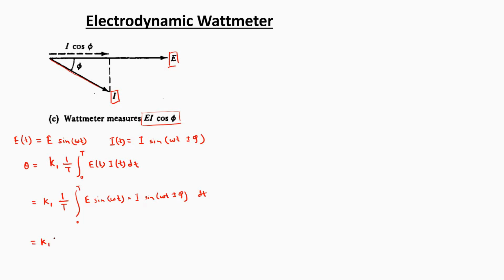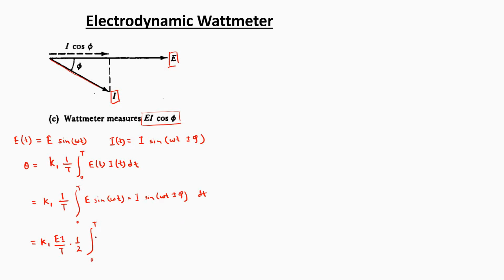We can write them as E into I divided by T into half of the integral from 0 to T. We are just going to apply the simple trigonometric rule of 2 sin A into sin B, so we have factored out a 1 by half, and this factor we have written.